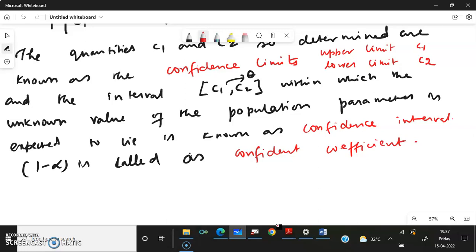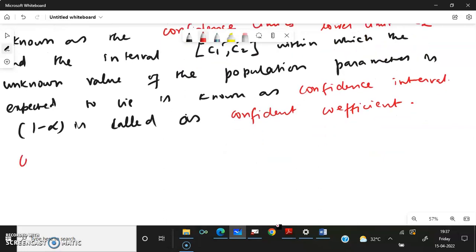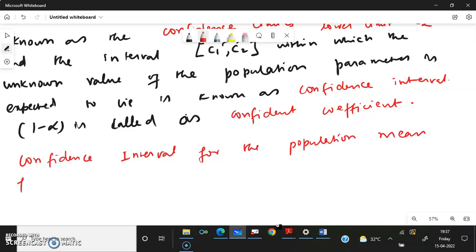Confidence interval for the population mean for large samples when standard deviation is known. That is the next topic. We are going to find the confidence interval for the population mean for large samples.